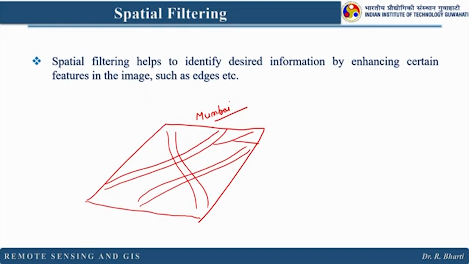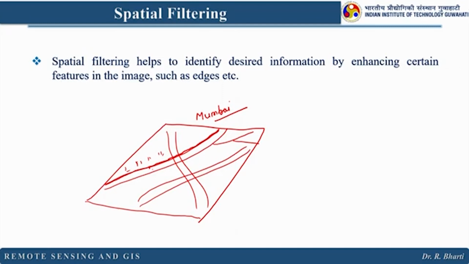So how will you do that? Because if you consider all other areas, how are we identifying this particular road? In the boundary of this road, the contrast or brightness is changing abruptly, but in other areas it is changing slowly.